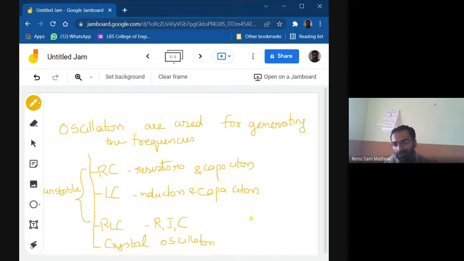Symbolically, we draw it like this. Crystals are highly stable. The most stable oscillators will be the crystal oscillators.